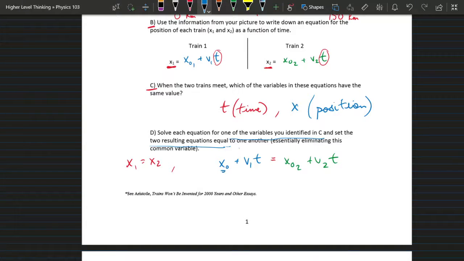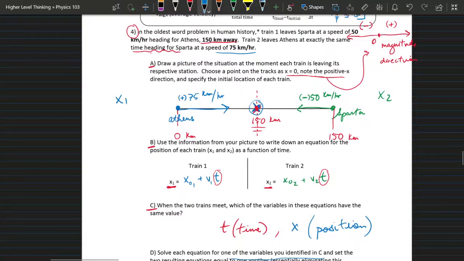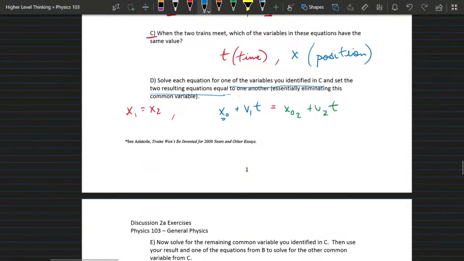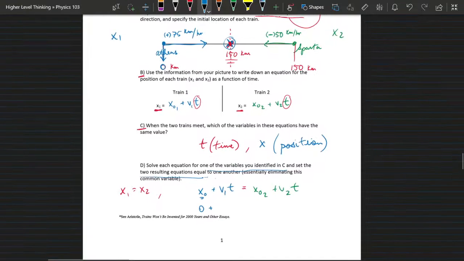So the initial position for the Athens train, let's reference our x-coordinate and say that it is 0 kilometers. So we could plug in 0, and it has a velocity of 75 kilometers an hour in the positive direction, or moving to the right.